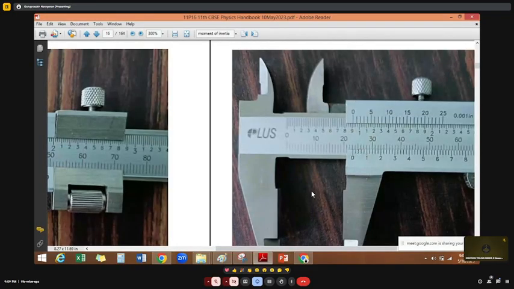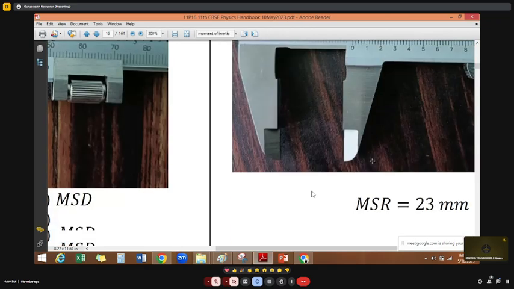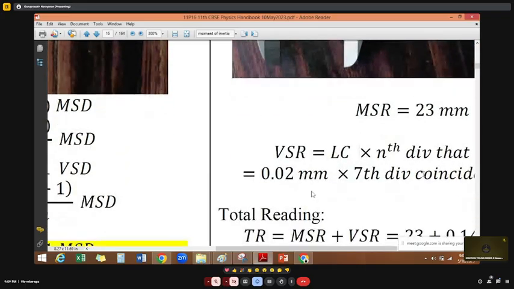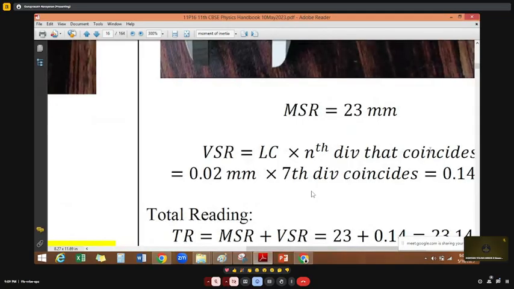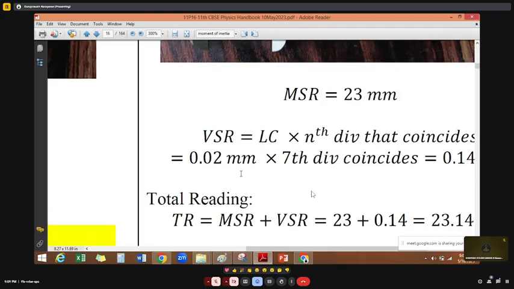You see, these lines are not coinciding. Somewhere around the 7th division, you can see the 30 line and this one perfectly coinciding. So I will take this as the 7th coincidence. That means the 7th coinciding division multiplied by the least count of the vernier will give me the vernier scale reading, in the example which I have taken. So do the same thing over here.